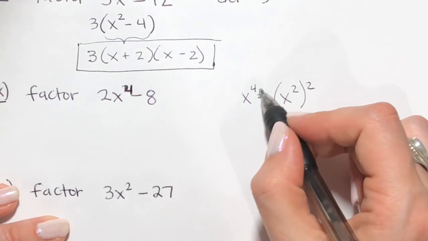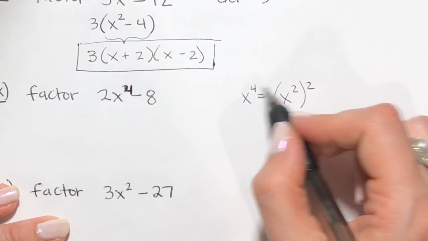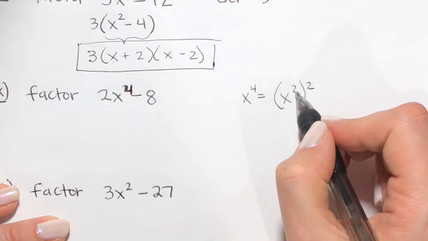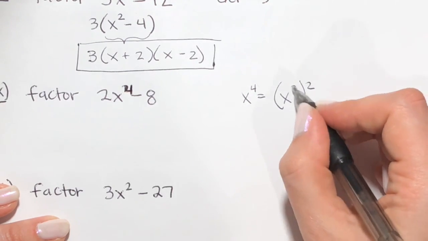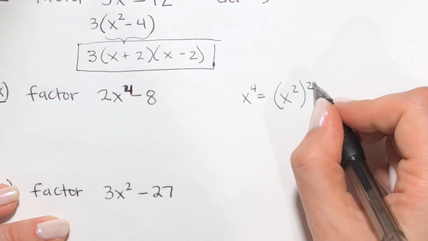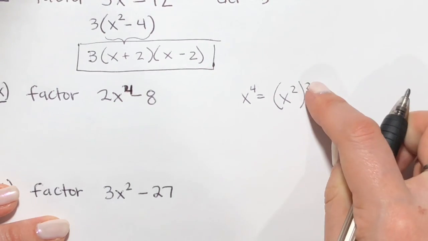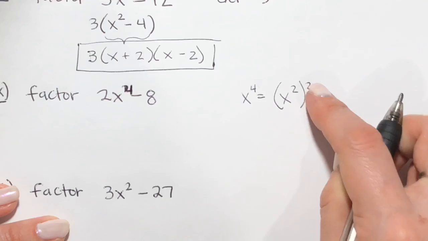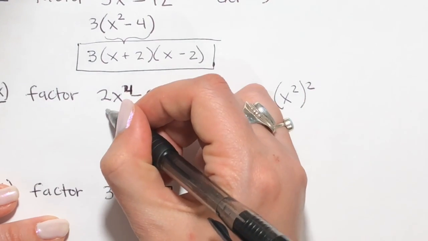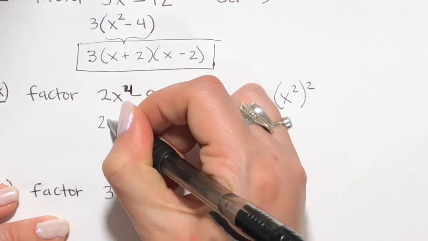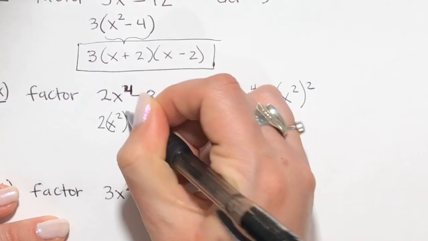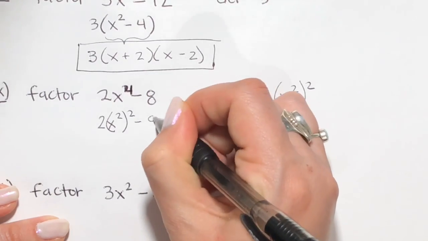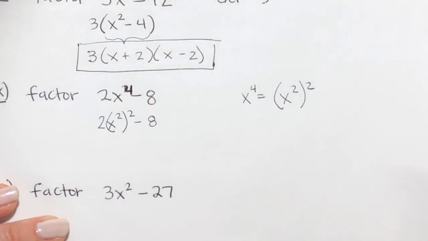So as long as this number is an even number, you'll be able to break it apart like this, where you're going to have x to some power being squared. And then it's going to be a difference of squares because whatever's on the inside is being squared. So I can think of this as being 2x squared, squared, and then we have the minus 8. But if I look at 2 and 8, they still aren't perfect squares.